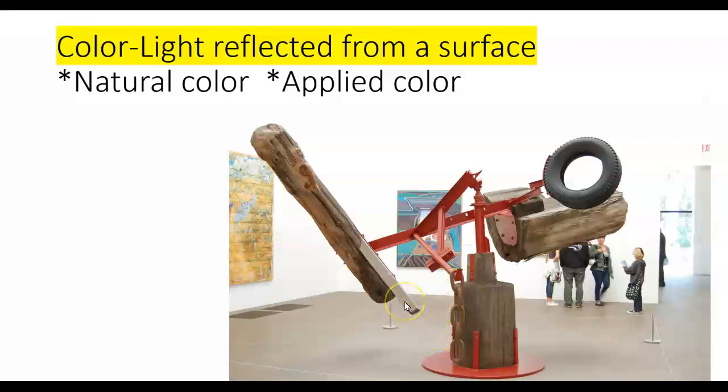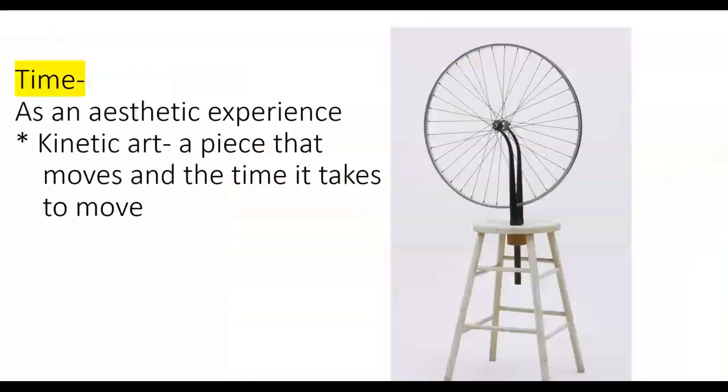I don't know whether that's metal or wood, that piece right there. The color of rubber is its natural color. Somebody didn't say, let's make it black. Well, maybe they did. What do I know? Then there's applied color. The red here was spray painted onto these metal areas. So natural color and applied color.